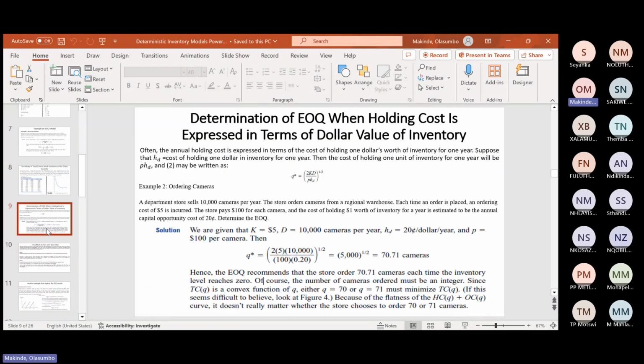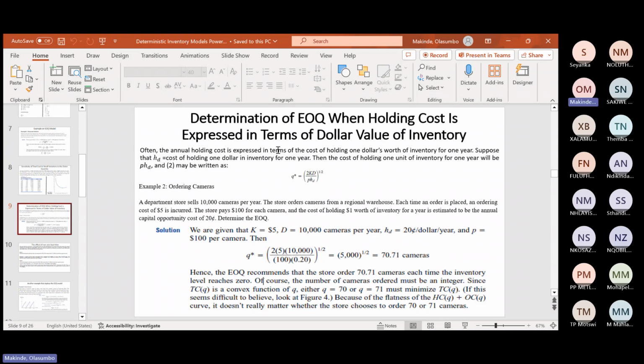Then maybe before we look at the examples, let's look at more examples here, then we look at all the examples that talk to what we have done. So another way of computing EOQ, which is in slide 9, is that EOQ can also be determined from the context of, because some organizations, when they work out their holding cost, they express it from the perspective of the dollar value worth of that inventory.